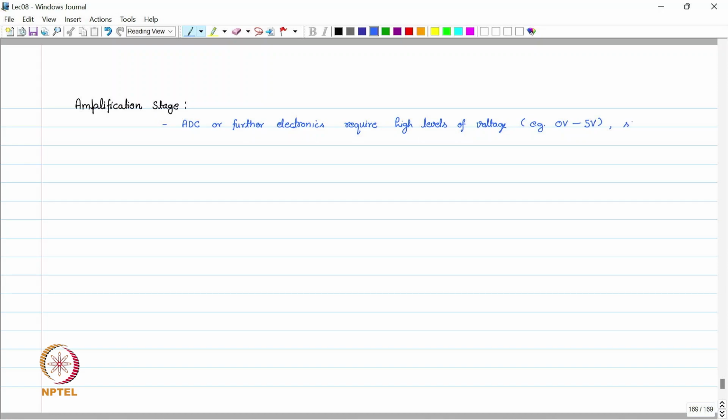So a low voltage sensor output may need amplification prior to conversion.